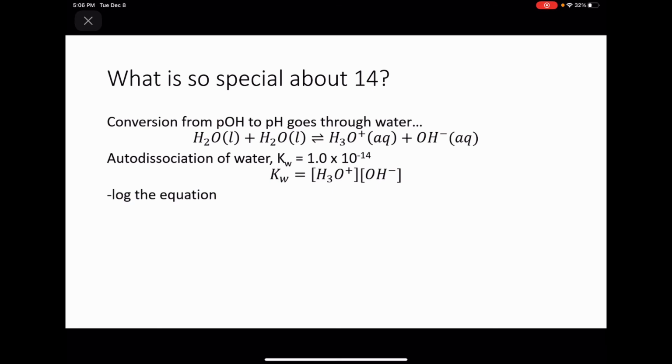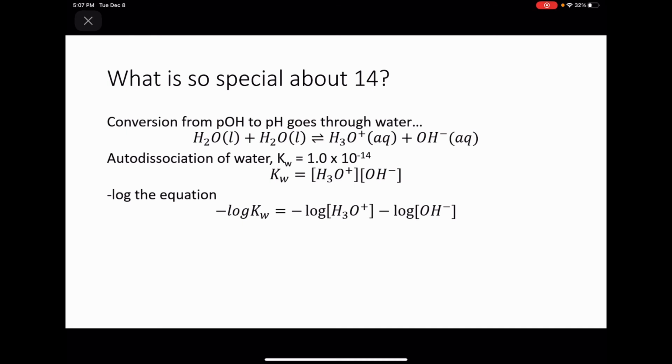So let's take the negative log of this whole equation. And if we do that, we get the negative log of Kw, the negative log of H3O plus. Now remember, if you take the log of a product of values, so if you take the log of xy, it's the same thing as log x plus log y, so we've done the same thing here.